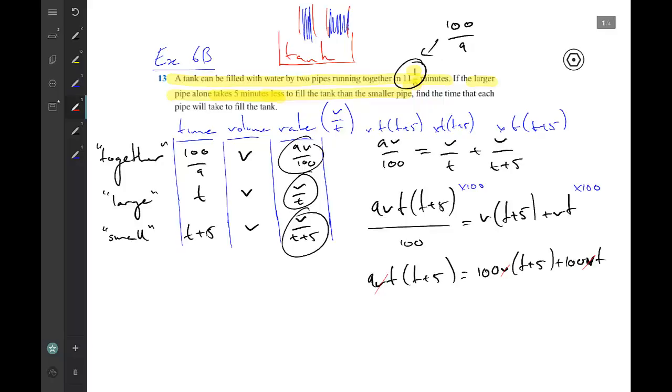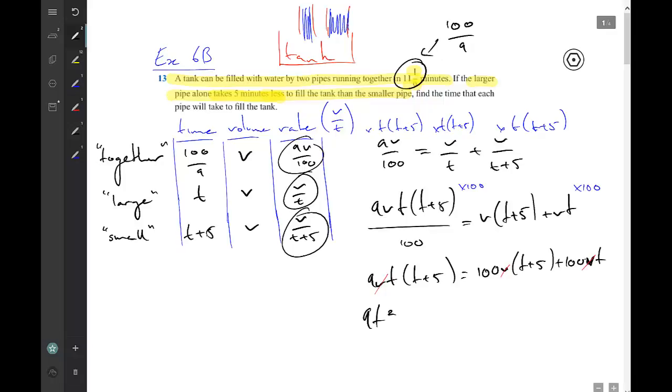But in this case, we don't actually care, because if V equals 0, this question is trivial, meaning the tank has a volume of 0, so it's a nonsense question. So the only cases we care about are where V is positive and non-zero, so we can cancel it out quite confidently, and then we can expand.